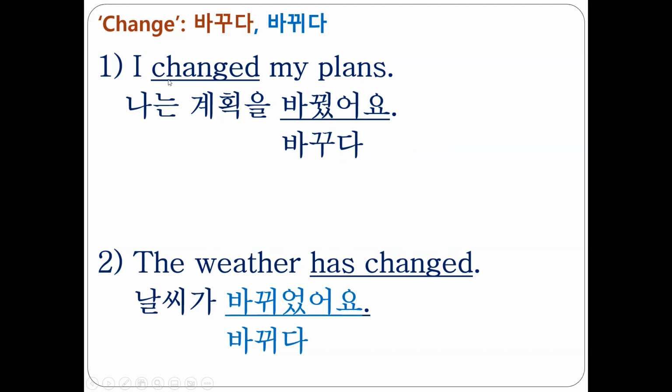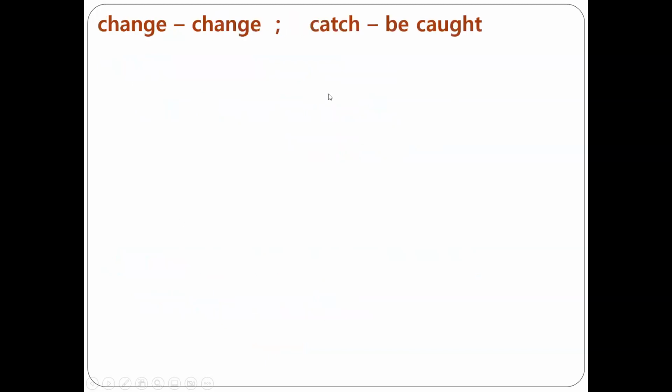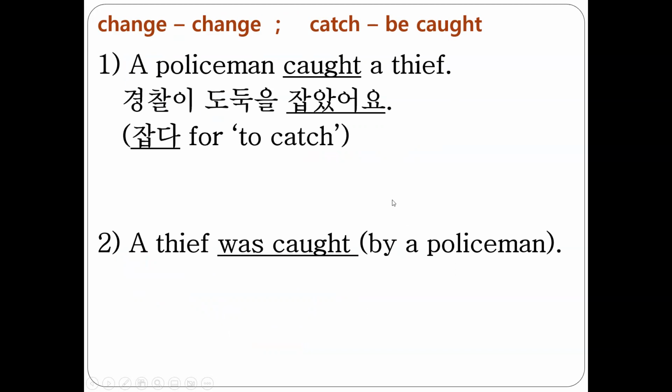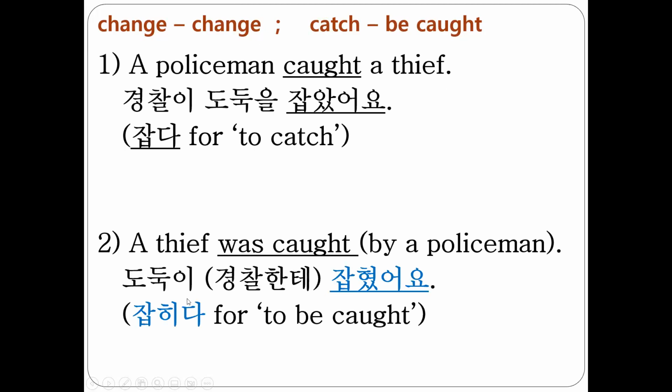The relation between change in sentence number one and number two is the same as catch and to be caught. When catch takes an object, a thief, in this case we say 잡다. So 도둑을 잡았어요. However, when the word catch is used without any object, in this context we use 잡히다, not 잡다. 도둑이 경찰한테 잡혔어요.